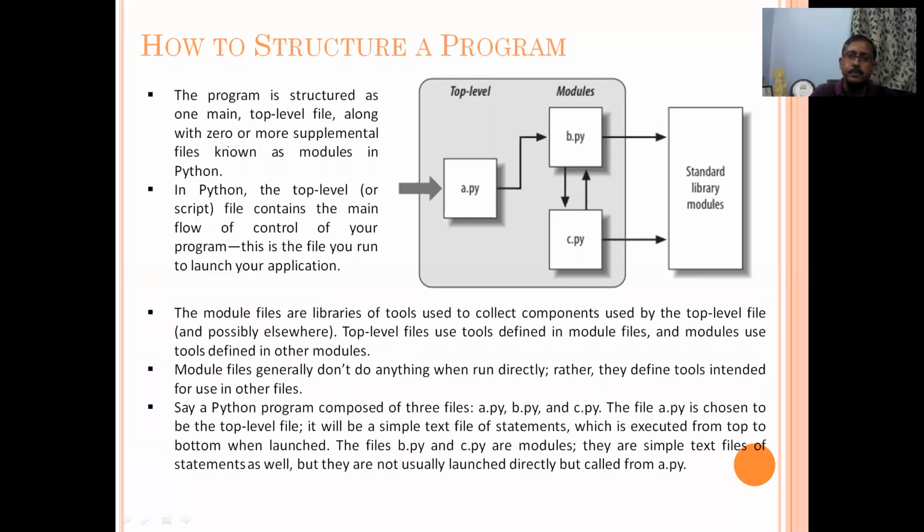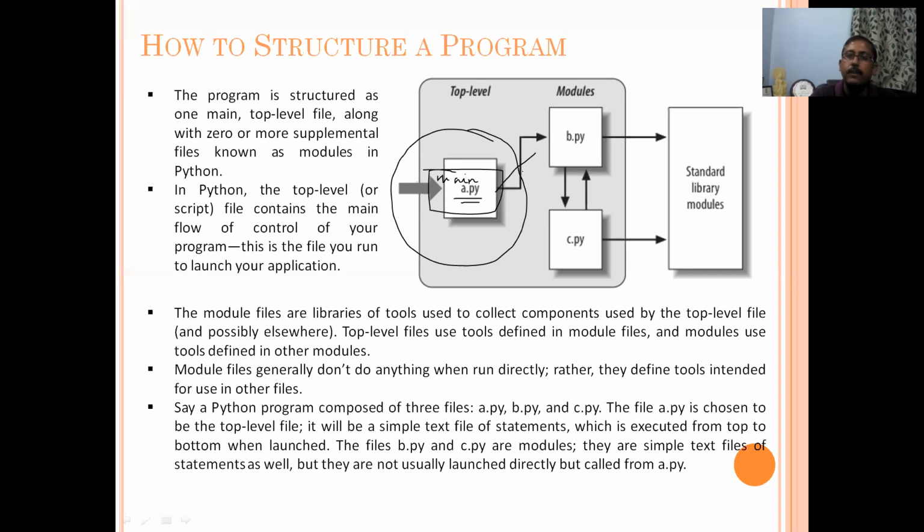You can have a top level program, one program which acts as a central entry point. Let's name it a.py. You can also name it main.py if you want to follow the same pattern as in C or C++. So that becomes your central entry point.